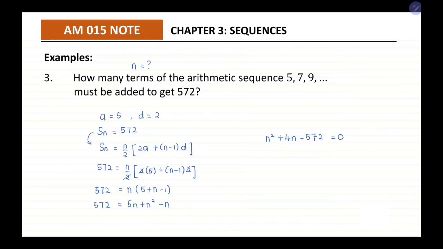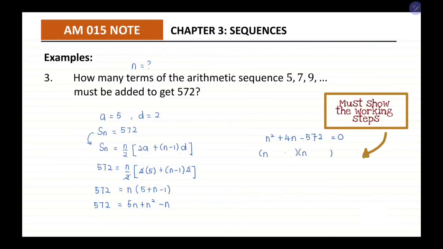Okay, now we want to find n. To solve this one, we can use a calculator, quadratic, to find the value for n. Or we must factorize. So we factorize, we get 22 and 26, so plus and minus.